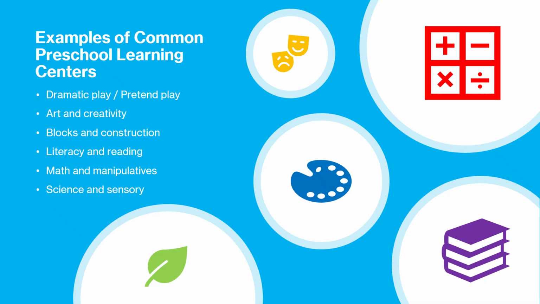Some common learning centers found in preschool classrooms include dramatic play areas, where children act out real life or imaginative scenarios. They can develop social skills and language. Art centers encourage creativity, fine motor skills, and self-expression. Blocks and construction centers promote spatial reasoning, planning, and problem solving.